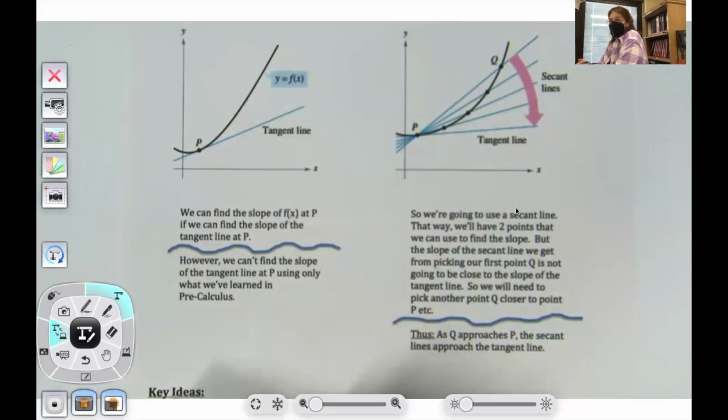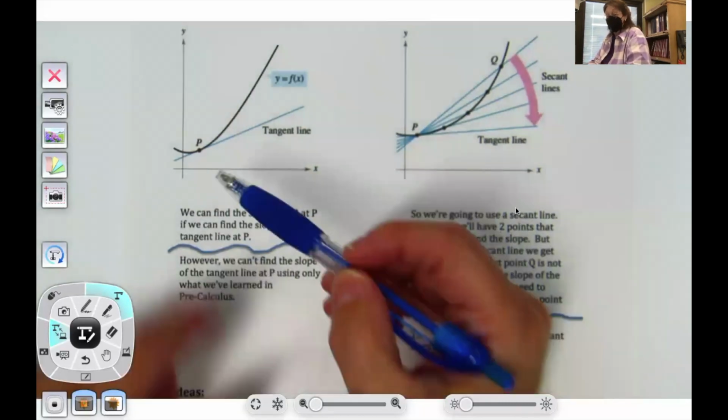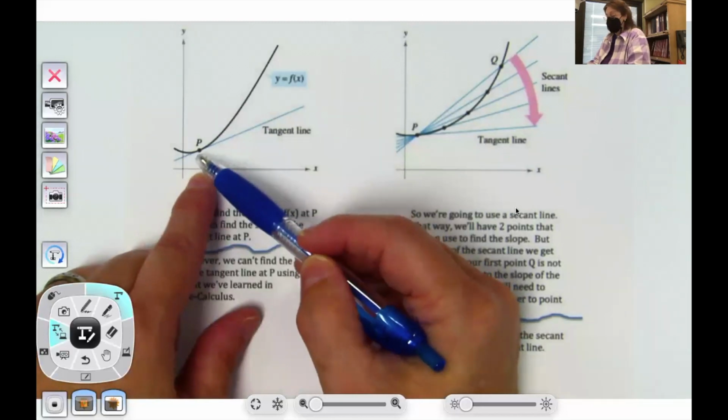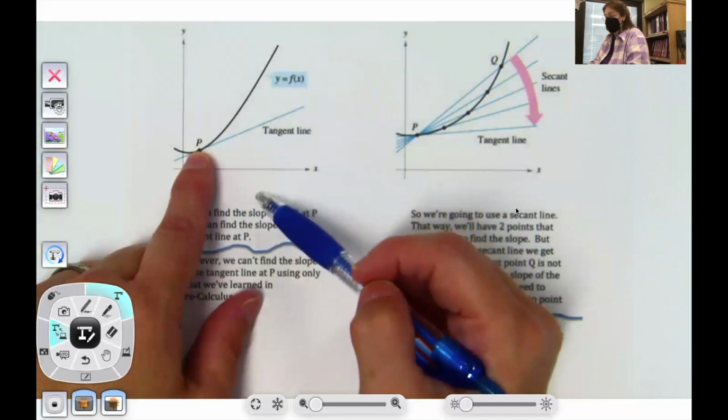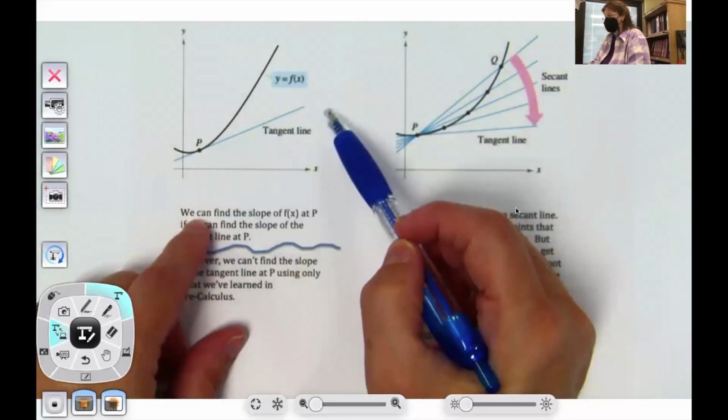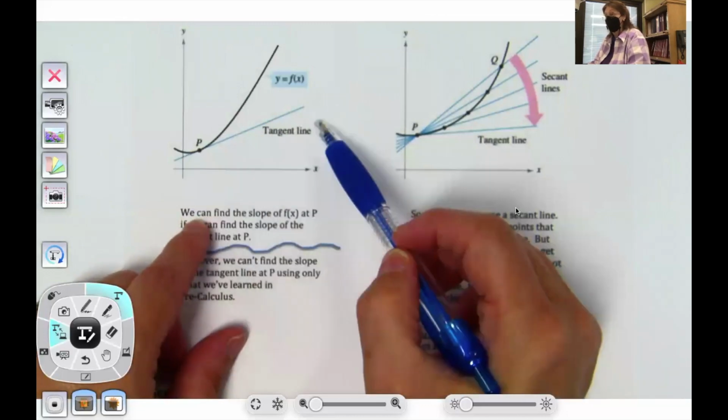I need 2 points on the line, don't I? And the only point on the line that I know would be right here. I don't know another point on this line. So using only pre-calculus knowledge, I cannot find the slope of that tangent line.